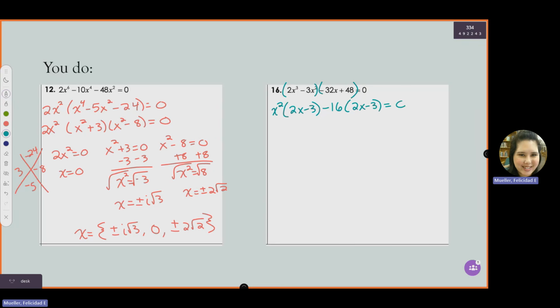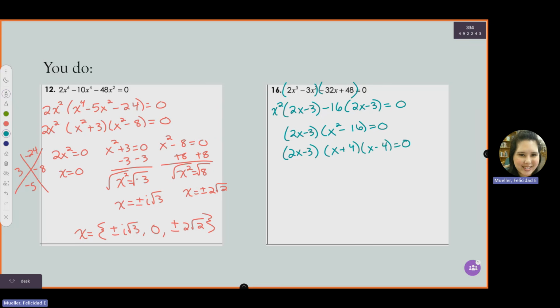Again, our goal is always to have our parentheses match. So when they match, we have 2x minus 3, and then we have x squared minus 16. So we can continue factoring this one. X squared minus 16 is a difference of two squares. So this is going to be x plus 4 and x minus 4.